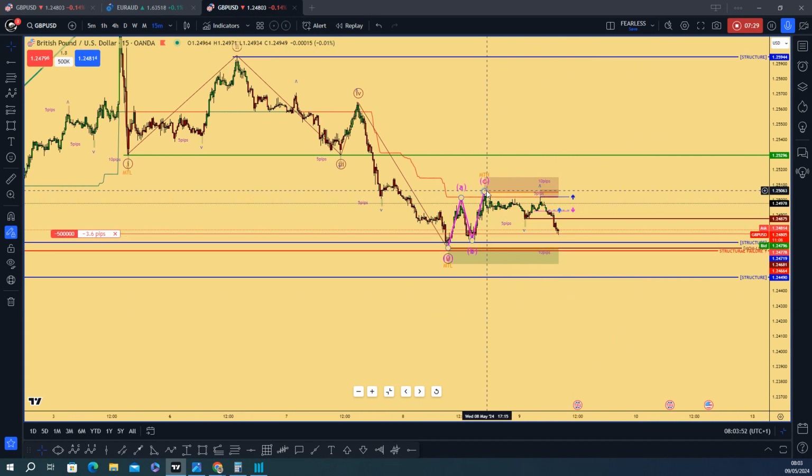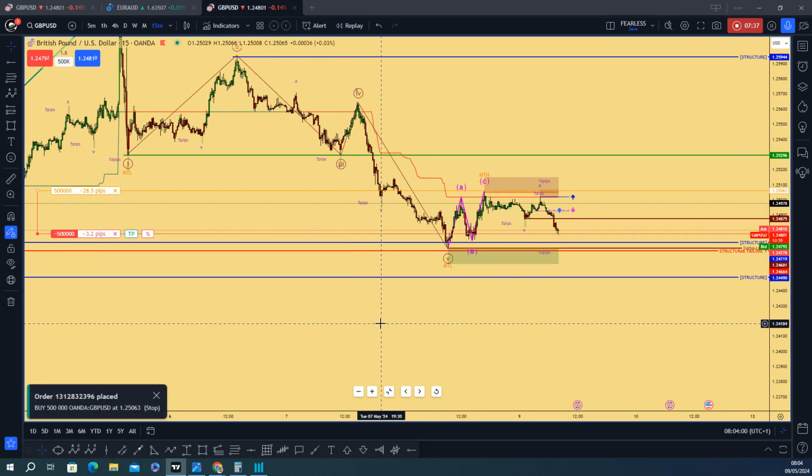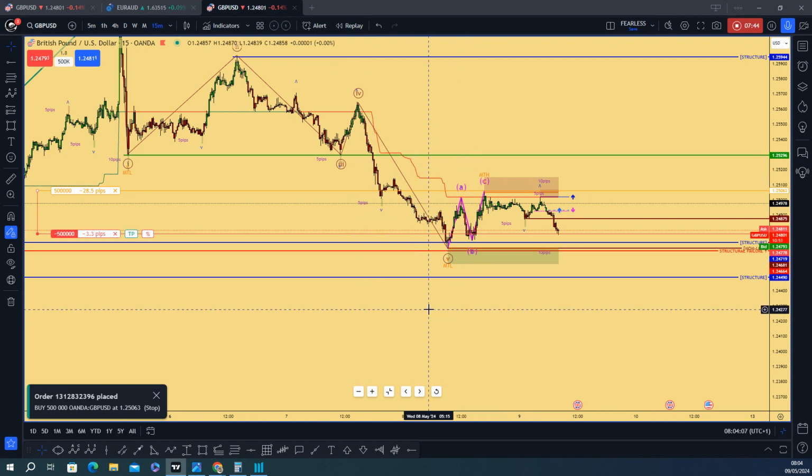Our stop loss comes above the C price. I'm not using any strategy with this one because I'm just following the price. That is my bread and butter. I try to use indicator strategies for my students because it helps them have a reference to see.